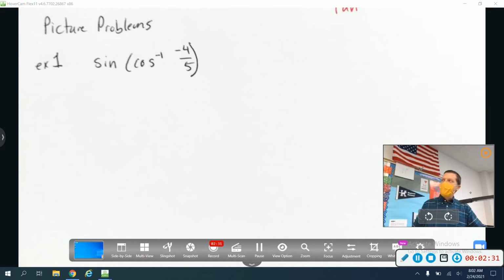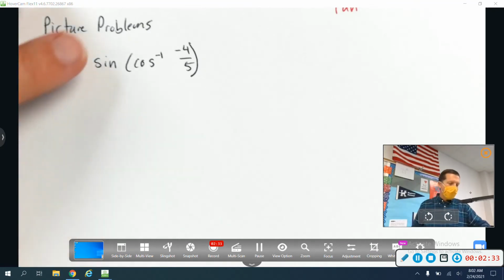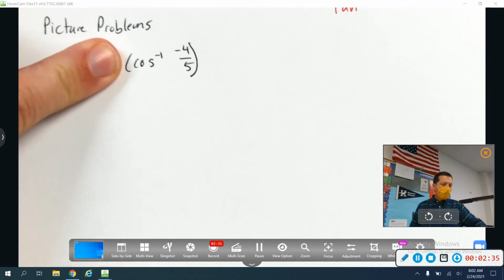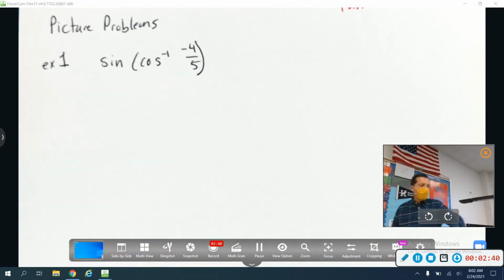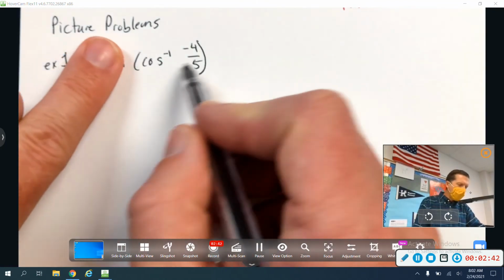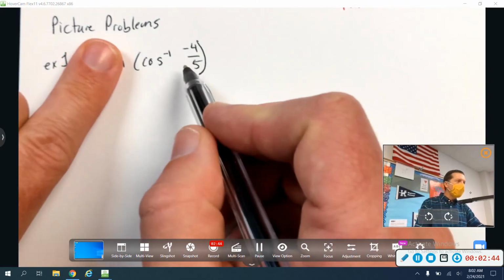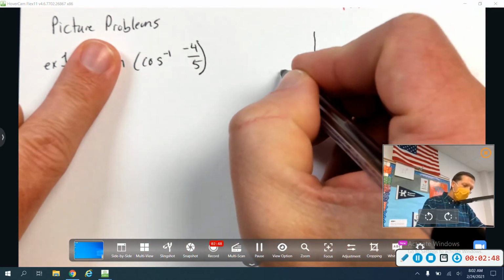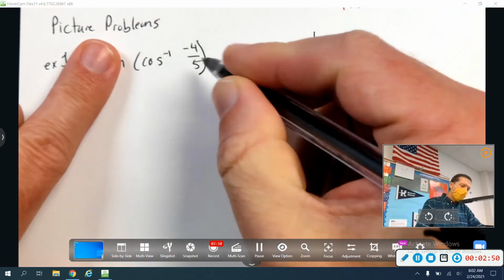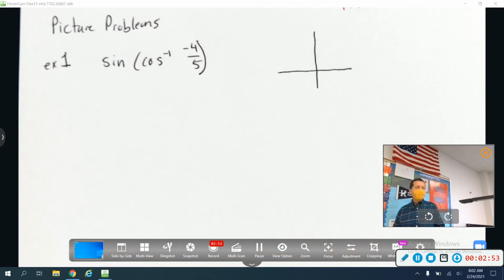Well, as with all math stuff, you start on the inside and work your way out. So inverse cosine of negative 4/5. That means find an angle whose cosine is negative 4/5. Well, that's not a unit circle thing. Like 4/5 was not on the unit circle. But maybe I could draw this and at least draw the angle that represents or has a cosine of negative 4/5.